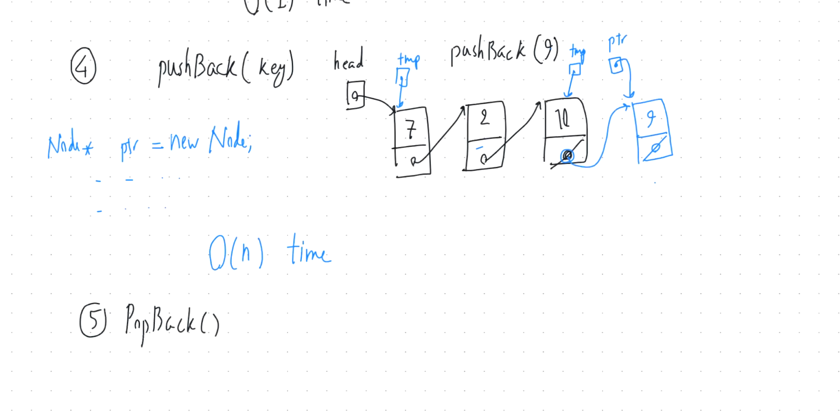You start from here, you traverse to get to the last node, and then use the delete operator to deallocate, and then probably set this pointer to null, and so on. Again, the majority of the work is the traversal, the rest is constant time, so removing the last node is also linear in time. Order n time. N is the number of nodes in all these operations.